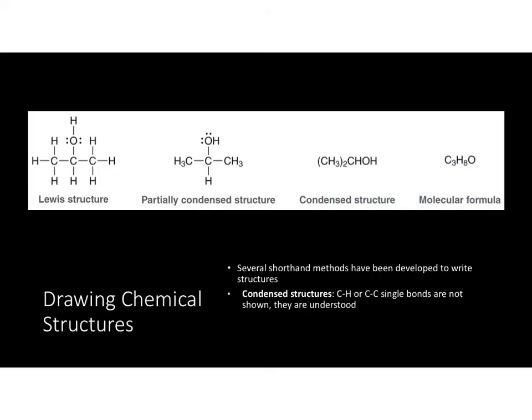The final topic is drawing chemical structures. In Gen Chem, you practice drawing Lewis structures. We also often draw molecules in what's called a condensed structure, where we don't draw out all of the CH or CC bonds.